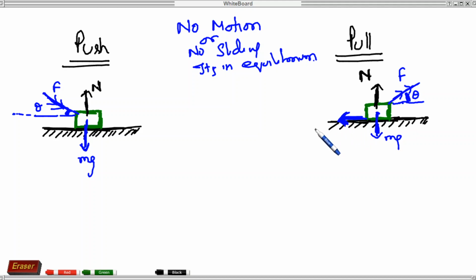This is the friction force Fs. Why s? Static friction, because the body has no movement. If the body is moving, that will be kinetic friction. Here also the same thing, Fs.